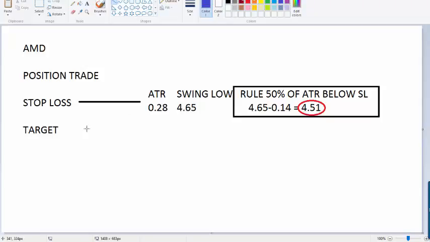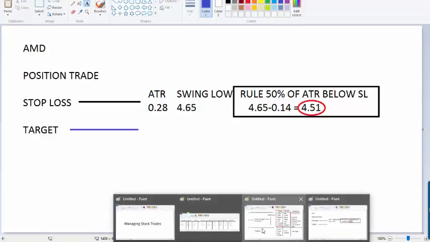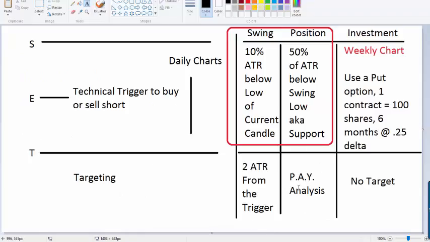Let's go ahead and go through this next through the target. We're going to use a position style trade here. We're going to use a pay analysis.